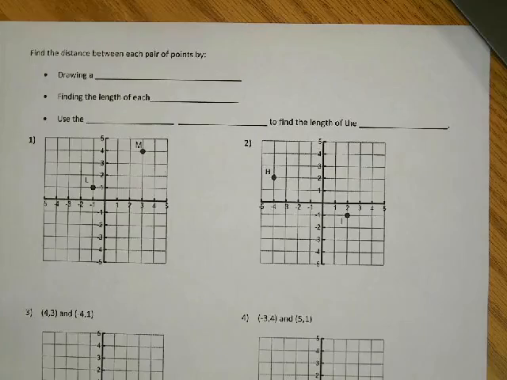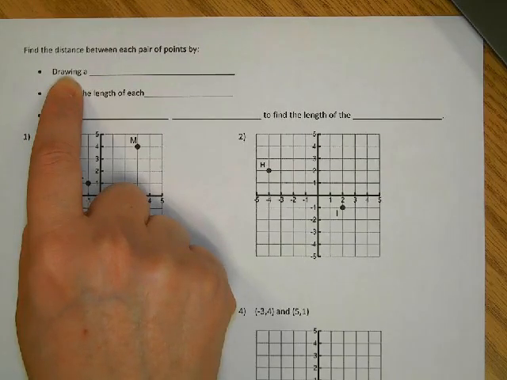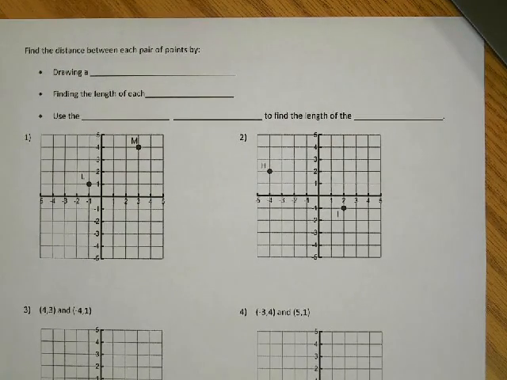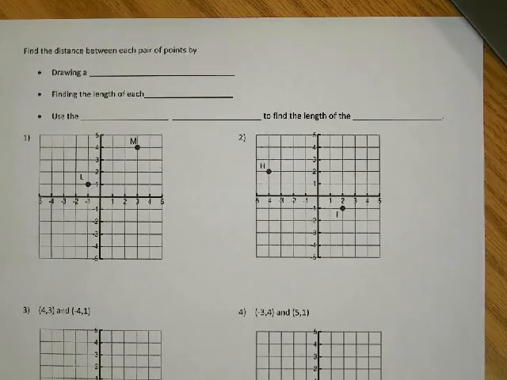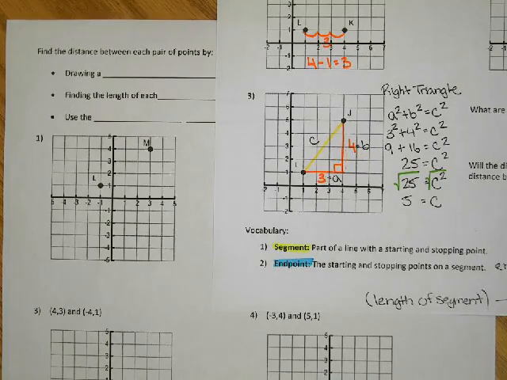So the steps that we went through to find the distance between each pair of points. What did we start doing? What did we do first when we found the distance between points L and J?